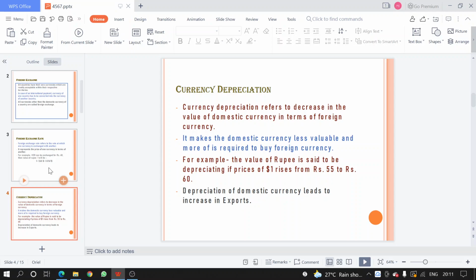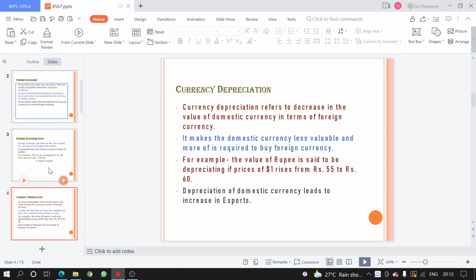This can be understood with one example. For example, the value of the rupee is said to be depreciating if the price of $1 rises from 55 rupees to 60 rupees.